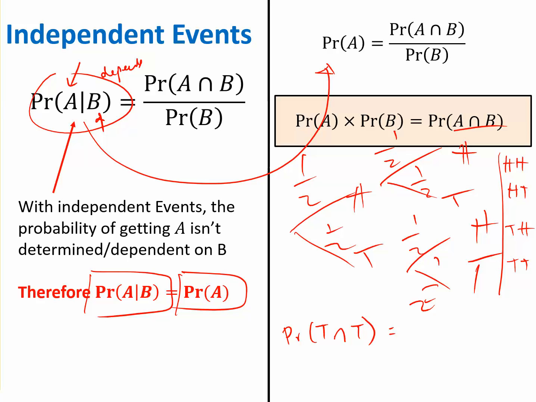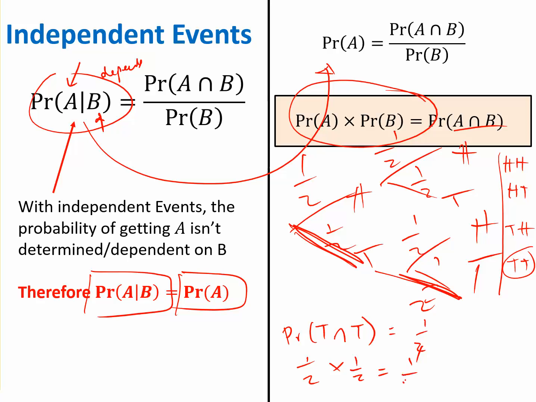So if I ask you the chance of getting tails and tails, you will look at that and say, well, it's 1 out of the 4. Or you can use this rule of multiplying the branches, multiplying T and then T again, that's half times a half, which is also a quarter.